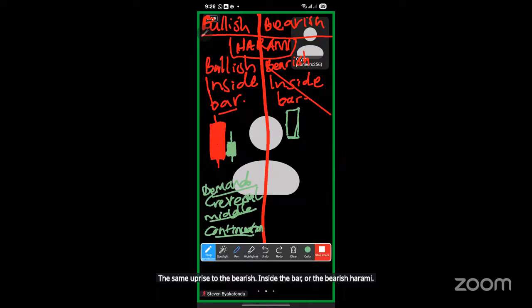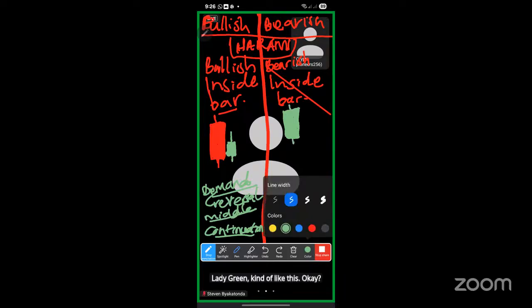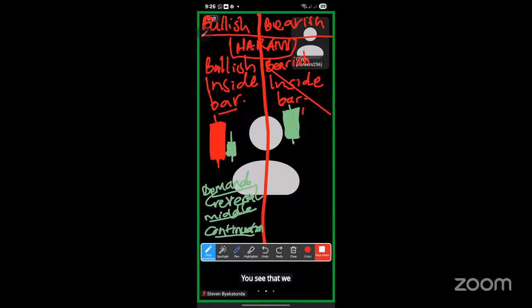For the bearish harami, you will see that we have a big green candle like this. Then after, you see that we have a small red candle like this.